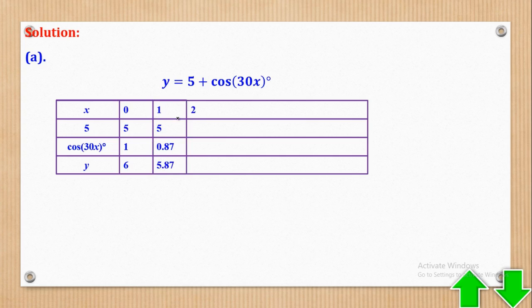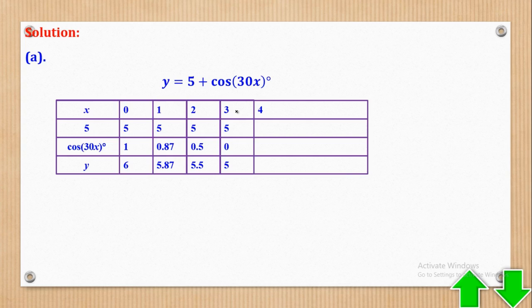Next is x equal to 2. When x is equal to 2, this remains as 5, but this one becomes 2 times 30 to become 60, therefore cos 60 degrees will be 0.5. Then when I add these two, I'll come up with 5.5. Next is 3. This remains as 5, but this one becomes 3 times 30 to become 90, therefore cos 90 degrees will be 0, and when I add these two, I'll come up with 5.